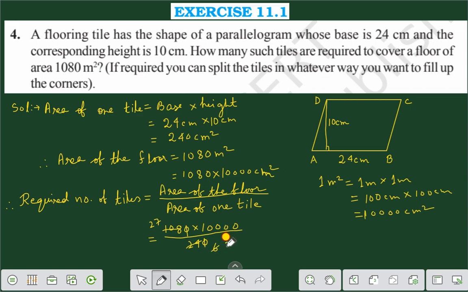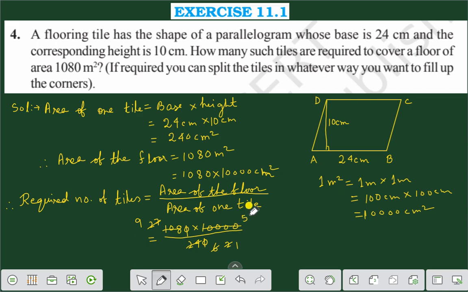Again divided by 3. 3 2 is 6. 3 9 is 27. Right? If you divide it again by 2, 2 1 is 2, and 2 5 is 10.